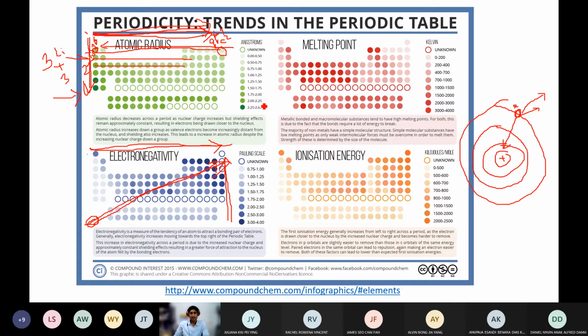Melting point is when the bond is broken between them. Bond is broken, and you have to add more energy for a bond to be broken. There are a few other things to consider here: the structure, the crystal shape of it, or the different type of bonding within them.